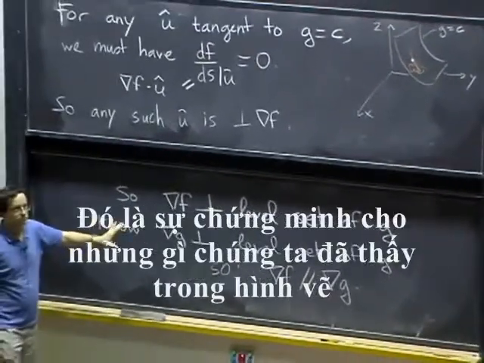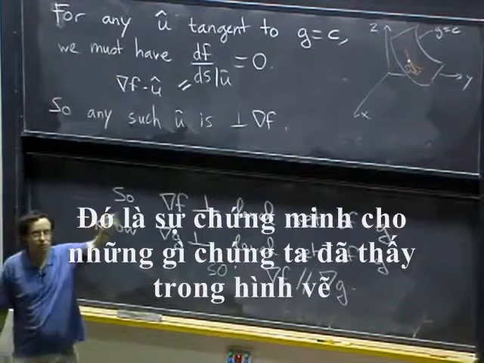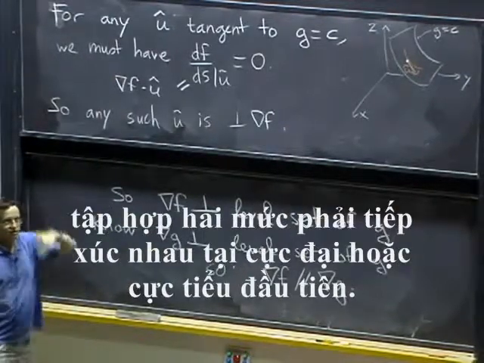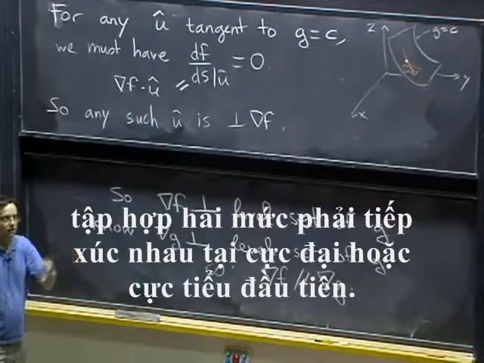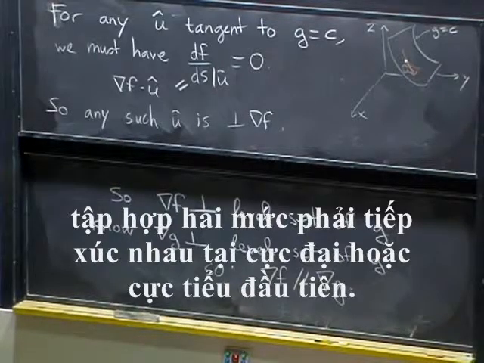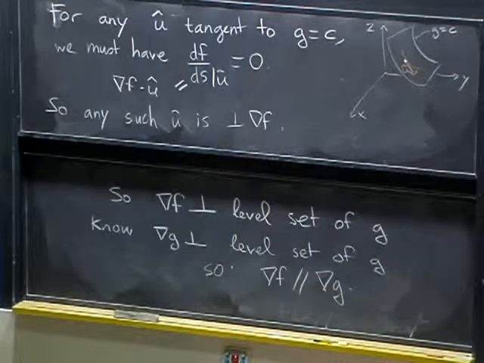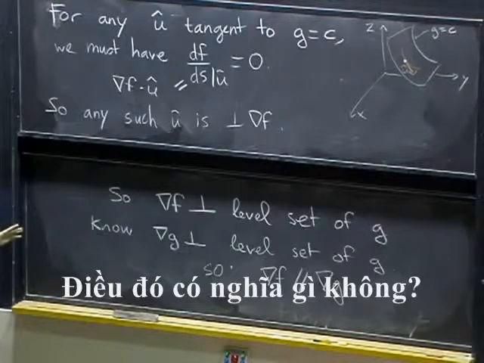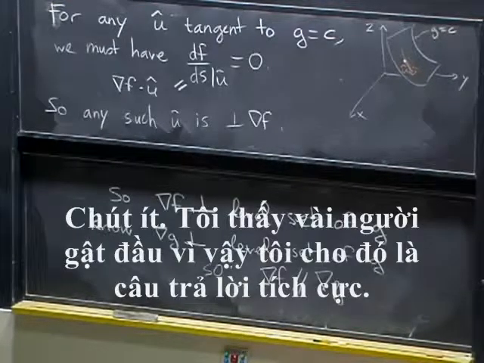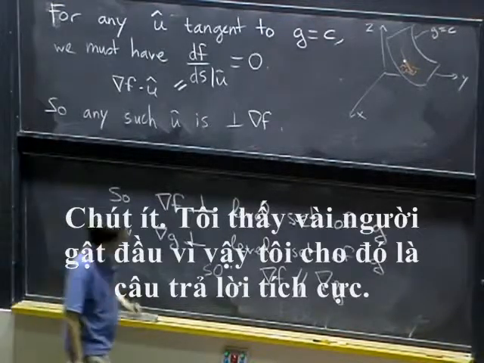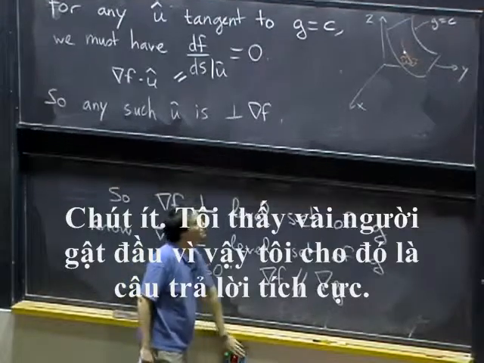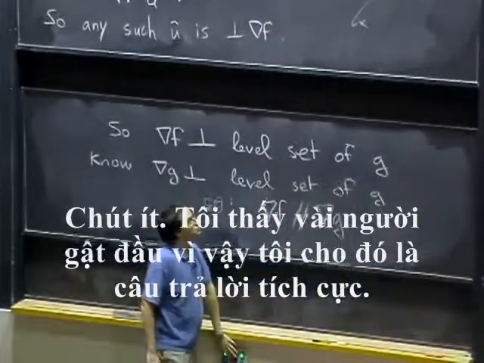Okay, so that's justifying what we've observed on the picture, that the two level sets have to be tangent to each other at the constrained minimum or maximum. Okay, does that make a little bit of sense? Kind of. I see at least a few faces nodding, so I'll take that to be a positive answer.